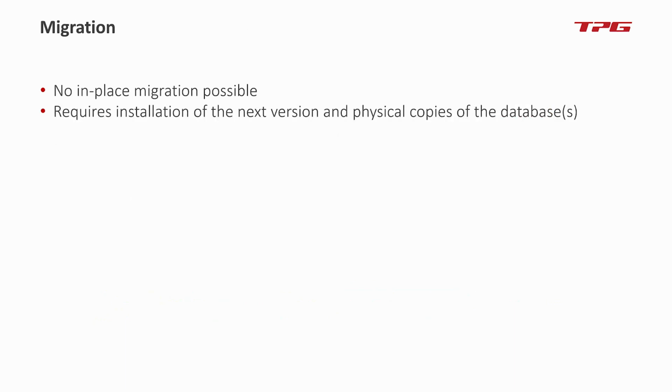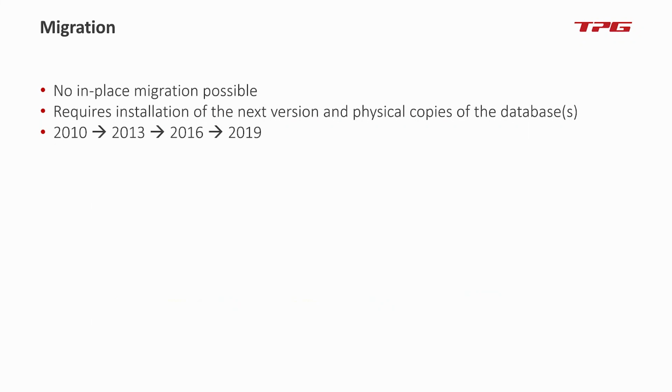So for the migration, first of all, no in-place migration is possible. For those of you who have run through a number of migrations, that's probably not new to you. This means you do need to install the next version, and you need to have physical copies of the databases.